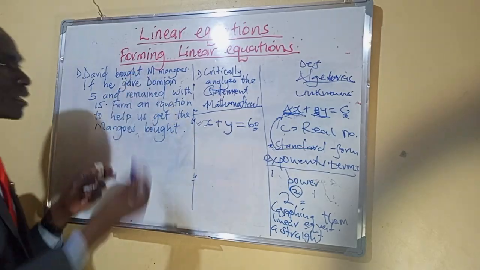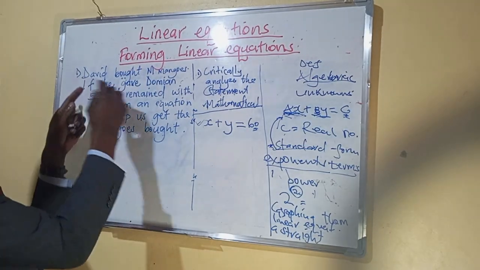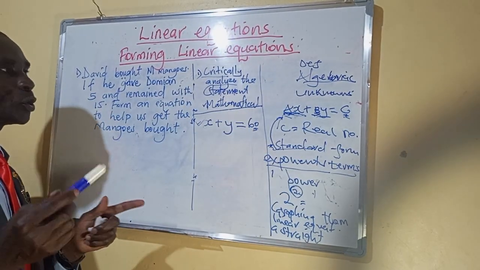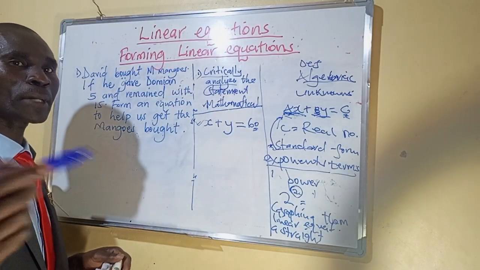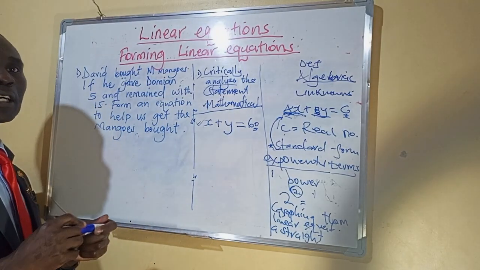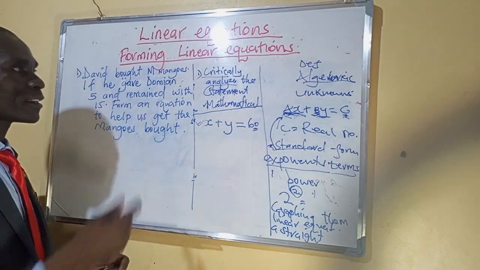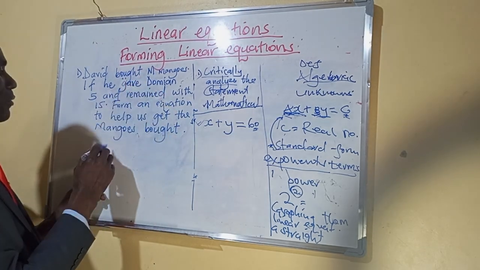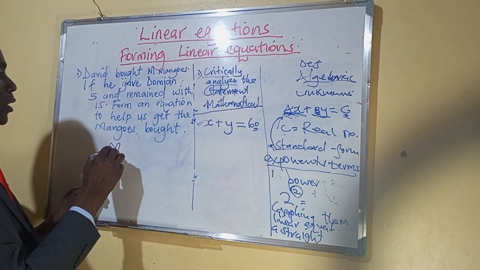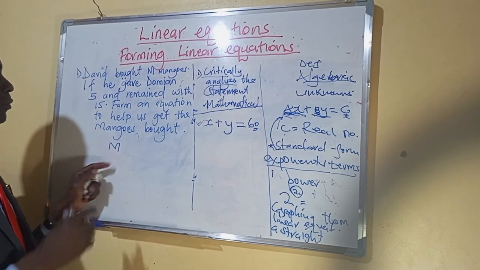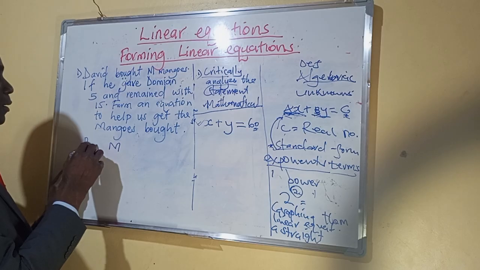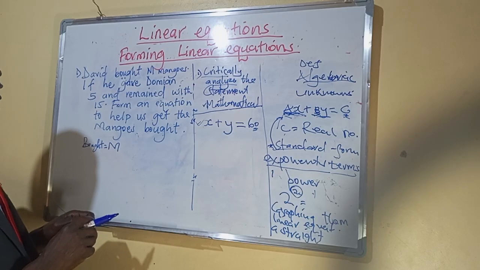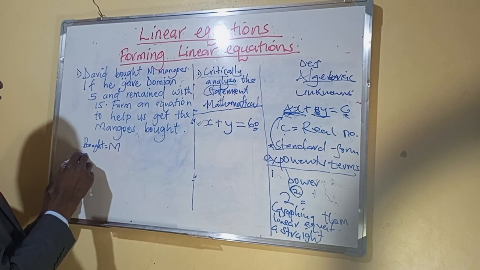Now, if you check this, you just have to critically analyze the statement. That's what we said: try to put the statement in a mathematical relationship as per the directive on the question that you have. So in this case, we have David having M. This is what he bought. We don't know what M stands for. Then he gave away.